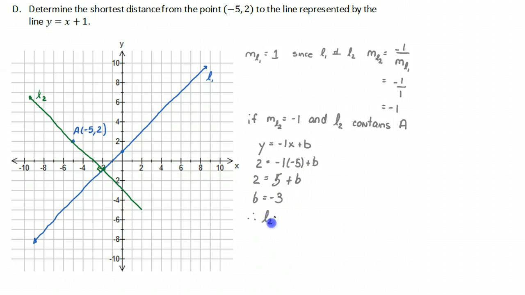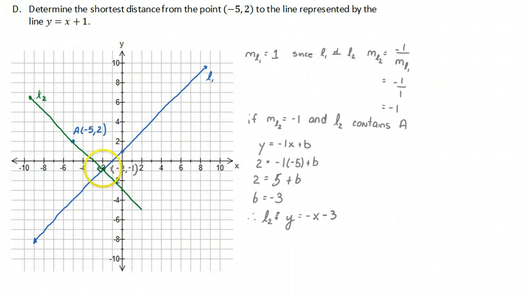Therefore, L2 is the line y equals negative x minus 3. And I look, and I've drawn this perfectly. I can see on this that the point of intersection here is negative 2, negative 1. Again, this happens to work nicely. It's not always going to be this way, so make sure you understand the algebra here.